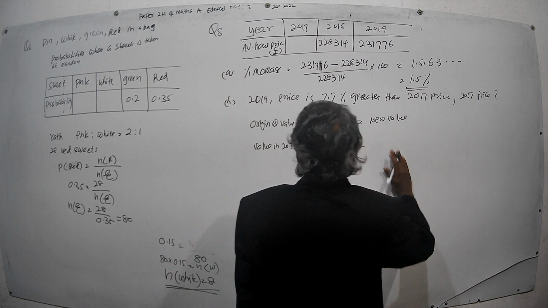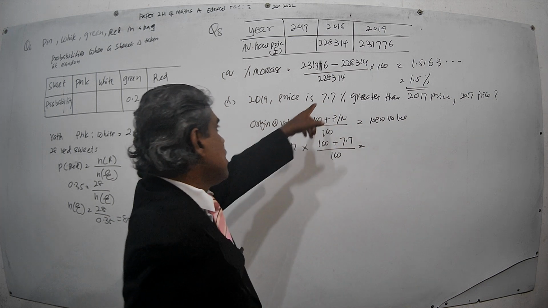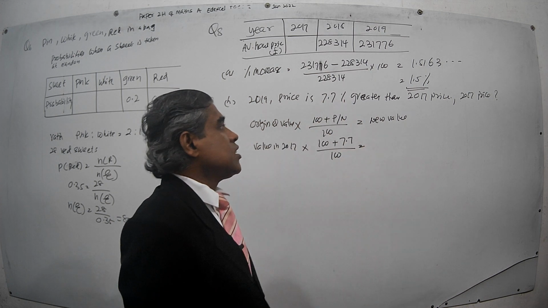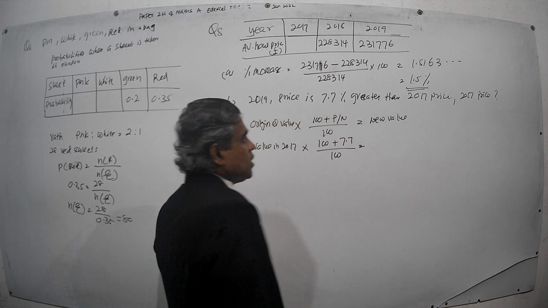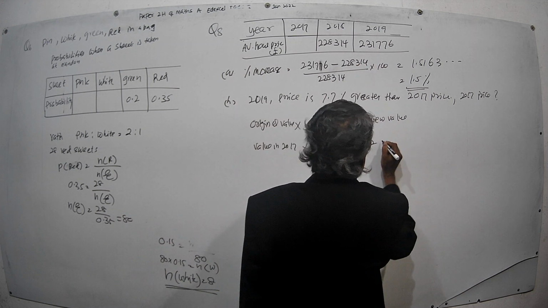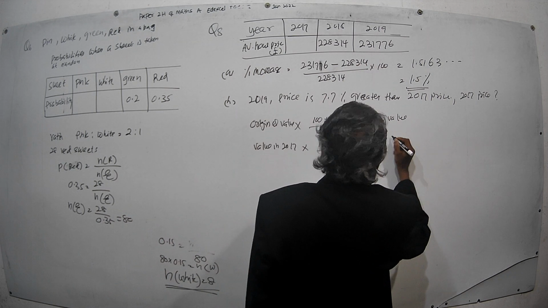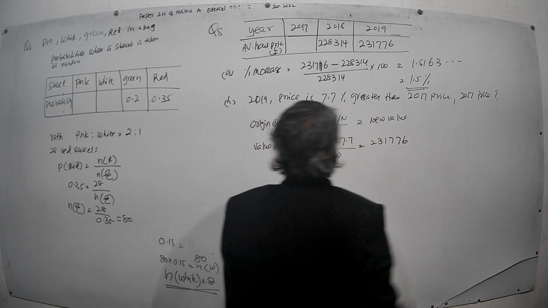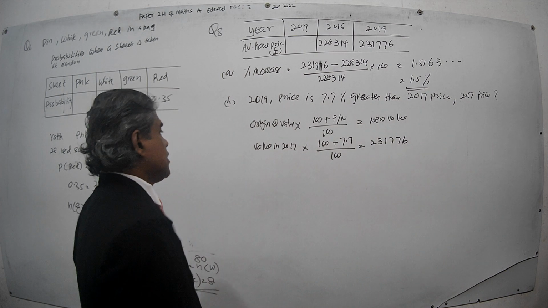They say the 2019 value is a 7.7% increase from the 2017 value. The 2019 new value is given as 231,776.